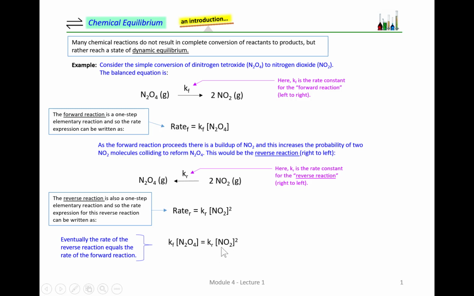And we said the expression for that is Kr times NO2 squared. That would be the rate of the reaction going from right to left. Now, when these two rates are equal, the rate of the forward reaction and the rate of the reverse reaction, we say that the reaction has reached equilibrium.